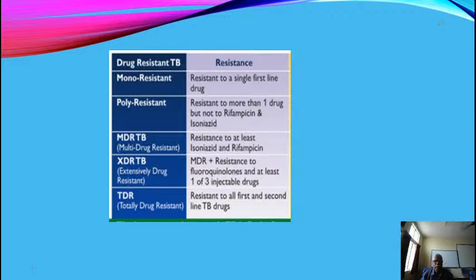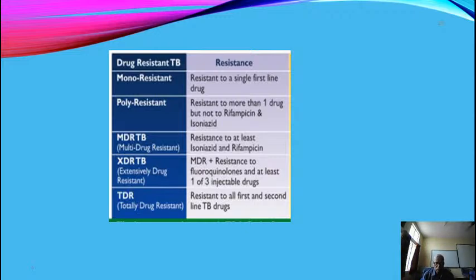When we say it is MDR, multi-drug resistance, it means it is resistant to rifampicin and isoniazid, not the other drugs. You don't have any test to say whether they are resistant to other drugs or not. MDR means 2 drugs are resistant.